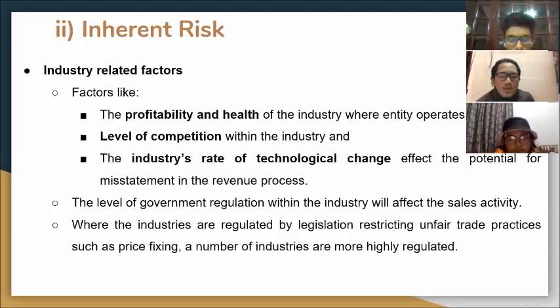Next, the level of government regulation within the industry will affect the sales activity, where the industry is regulated by legislation restricting unfair trade practices such as price fixing. A number of industries are more highly regulated.